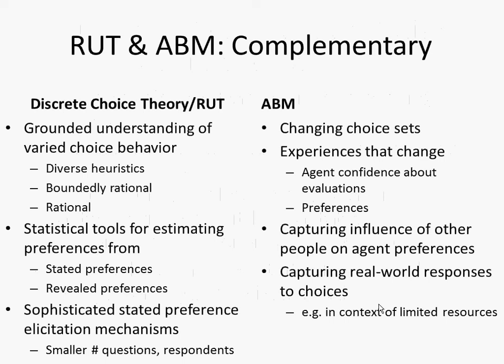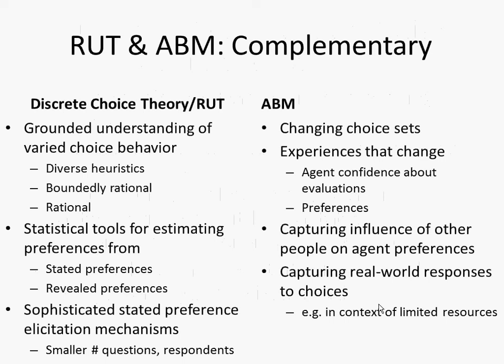You might be able to infer something about their strengths of preferences. So there are these sophisticated state of the art mechanisms that allow you, with a minimum number of survey questions and a smaller number of respondents, to elicit quite a good understanding of people's attitudes within certain assumptions. So discrete choice theory brings that.